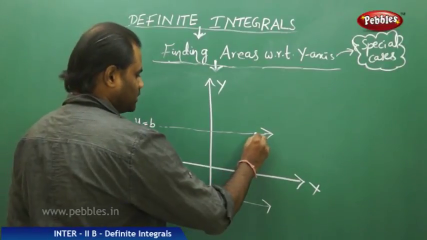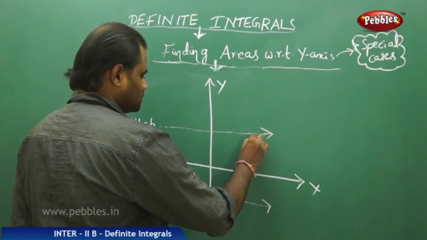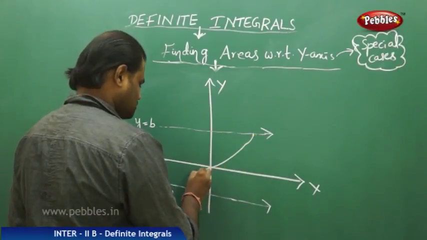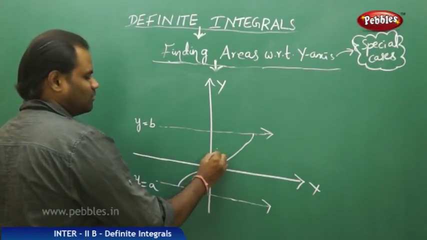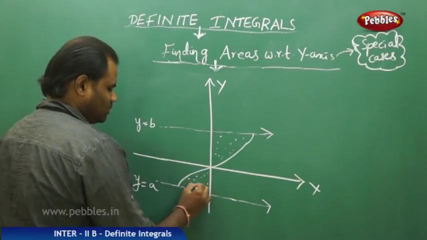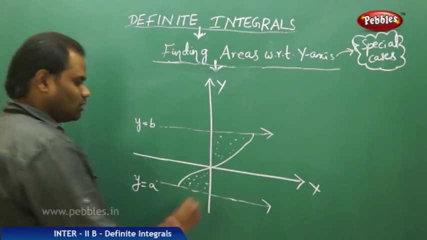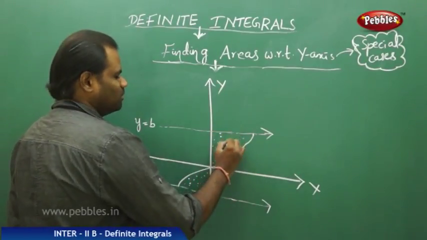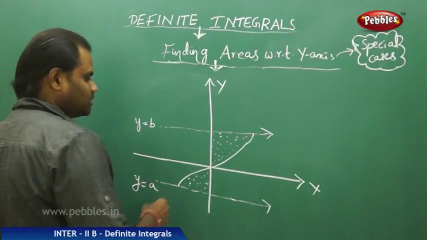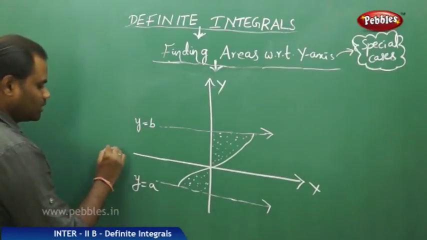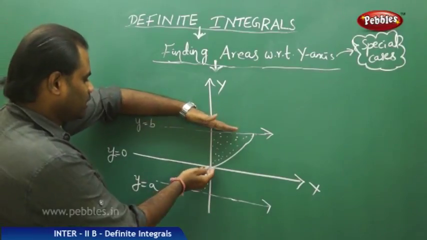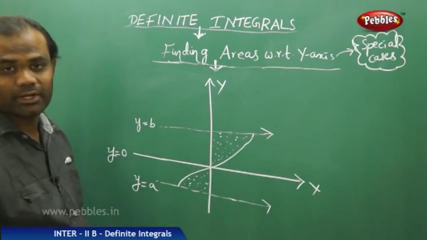Then I find the equation of this curve, which is something like this. I want to find the area of this region and the area of this region. In order to find areas for these kinds of problems, where you need to find the area of this shaded region, I just split it at y equals 0, the equation of the x-axis. So I split between 0 and b and between a and 0, then I add the two areas.